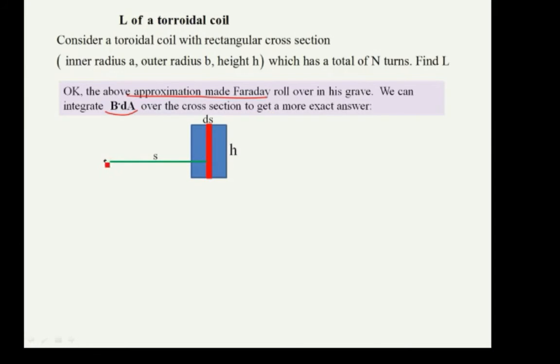So if this is the center of the toroid, and the distance to an element of area, which is ds times h, if that parameter is s, then the B field, remember, just depends on 1 over r across this cross-section.